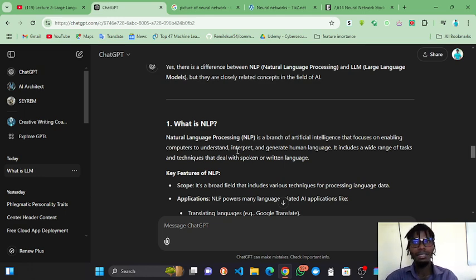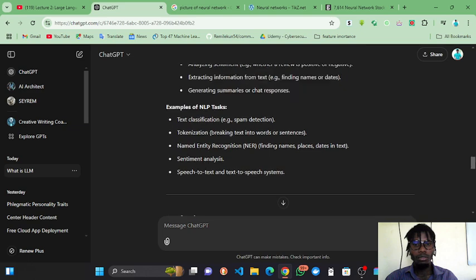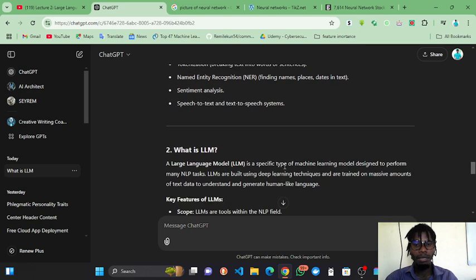Artificial intelligence, which we can refer to as natural language processing, where the computer now understands human language, interprets human language, and even generates human language, which includes a wide range of tasks like speaking, writing and rewriting. LLM, we have talked about LLM, right? Which is a specific type of machine learning model designed to perform many NLP tasks.